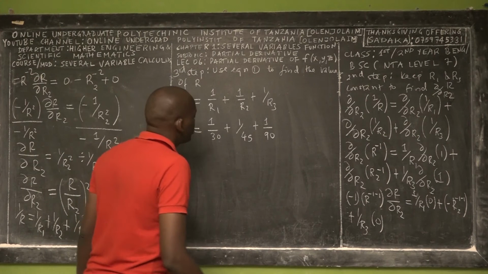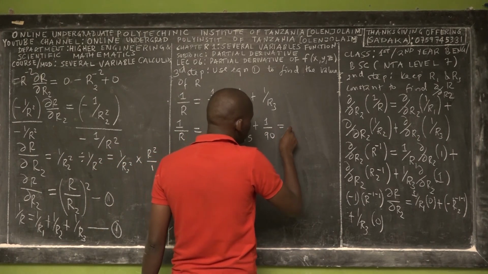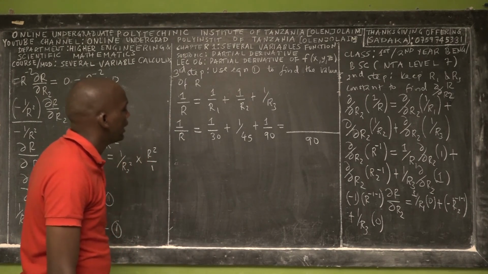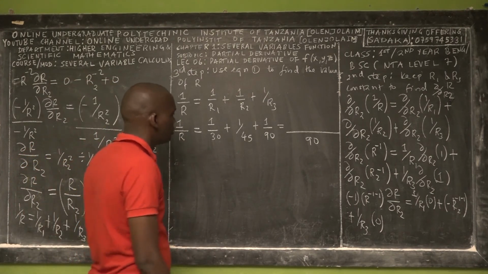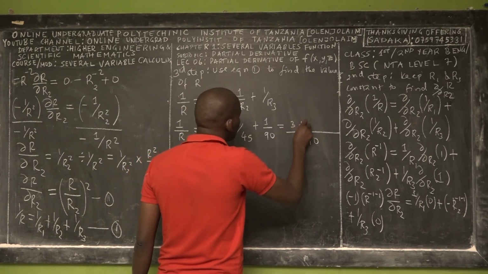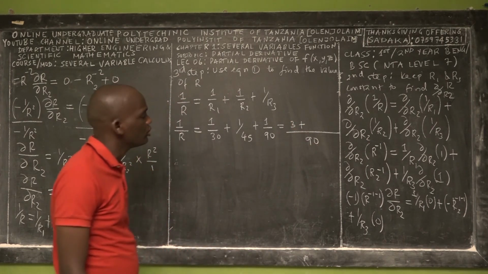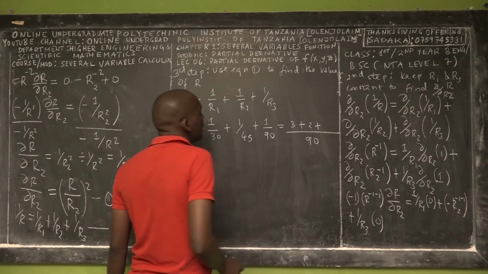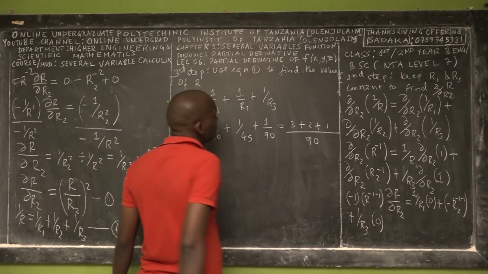The LCM is 90. So 90 over 30 is 3, 3 times 1 is 3. 90 over 45 is equal to 2, 2 times 1 is 2. 90 over 90 is 1, times 1 is 1.